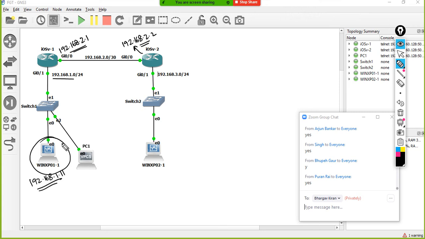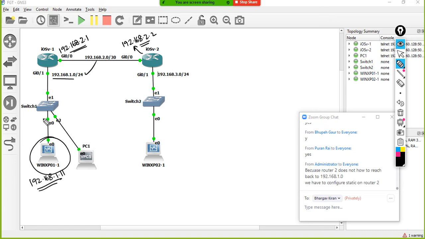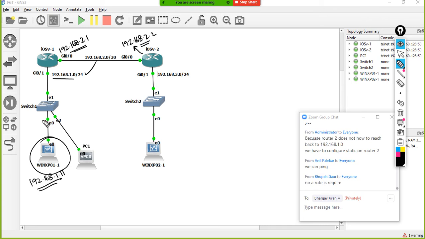I am here on 192.168.1.11 and I hear everybody saying yes. Did you notice this, guys? Nisar is sending a nice message to us. See there, because router 2 doesn't know how to reach back to 192.168.1. Did you notice that?